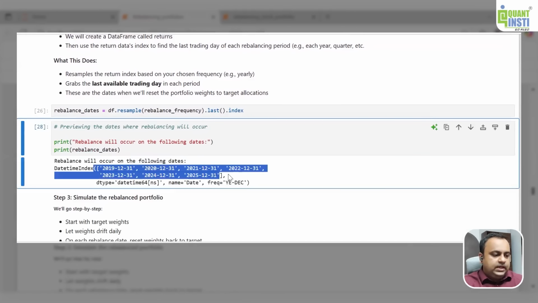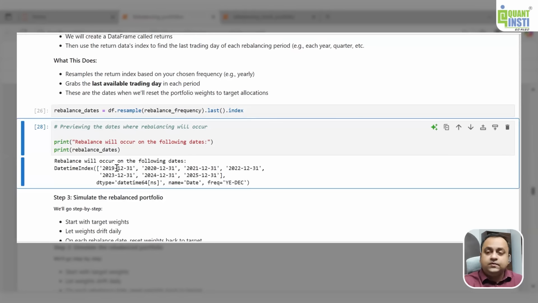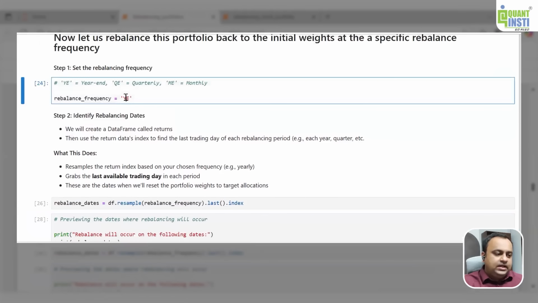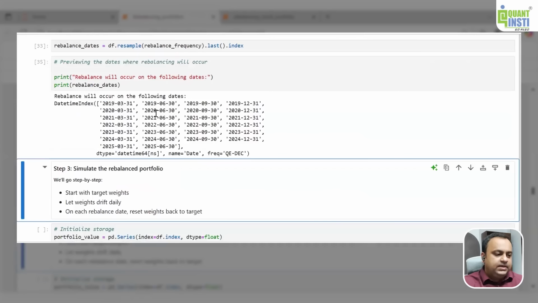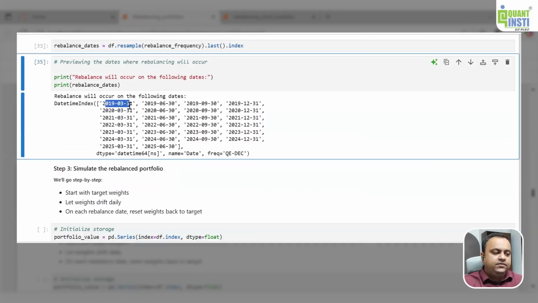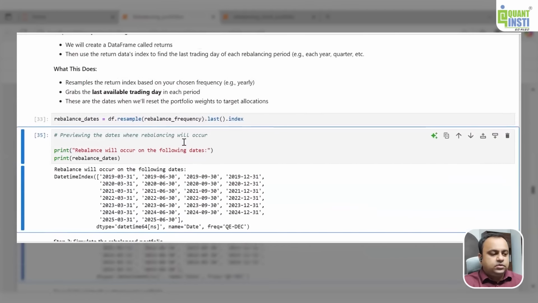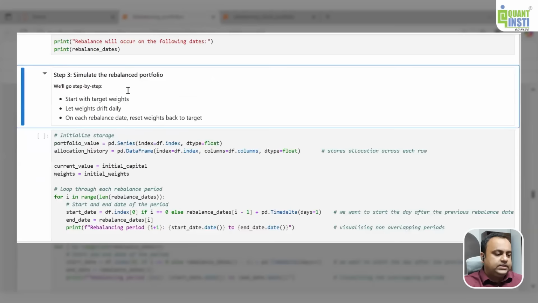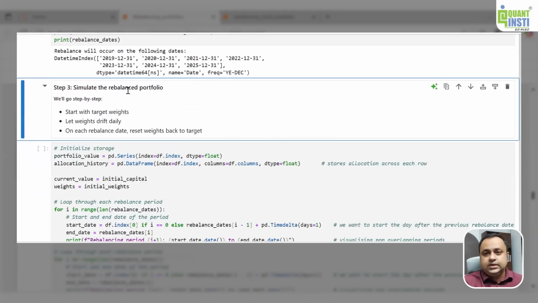This is basically the datetime index, and these datetimes represent the dates on which I have decided to rebalance. And just to quickly show you, if I change this YE to QE, my rebalance dates become the end of every quarter. So maintaining it at YE, we take this example forward and see how we actually use these dates to rebalance.